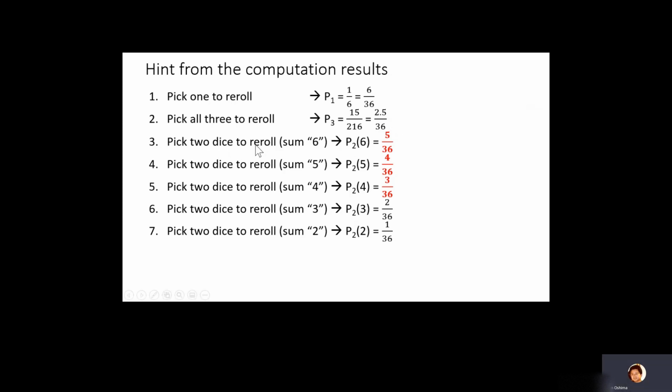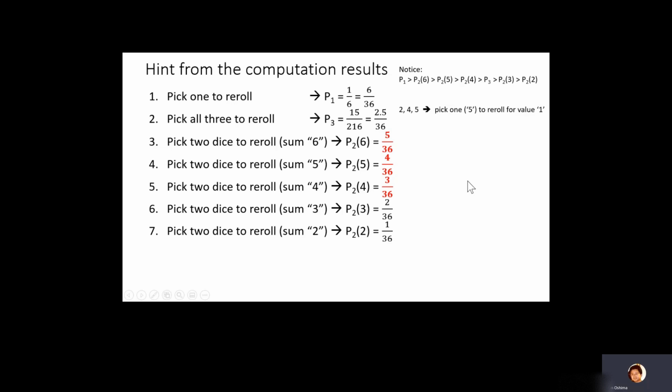Pick 2 dice to reroll to get sum 6, 5, 4, 3, 2, you get 5 different values, but notice P1 is the maximum, the biggest value here. It's always bigger than P26, P25, P24, and then P3, picking 3 dice to reroll. Lastly, P23 and P22 are the smallest.